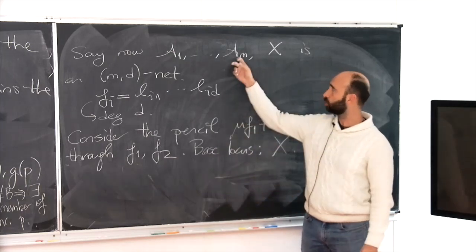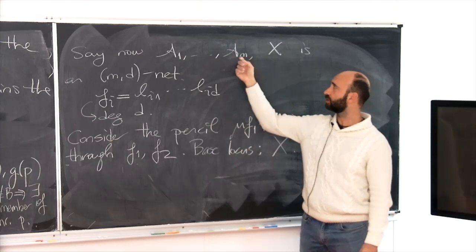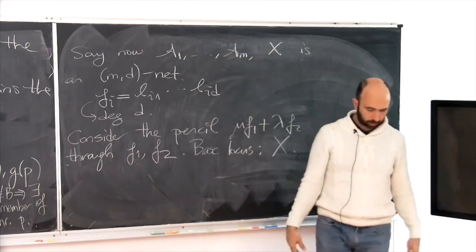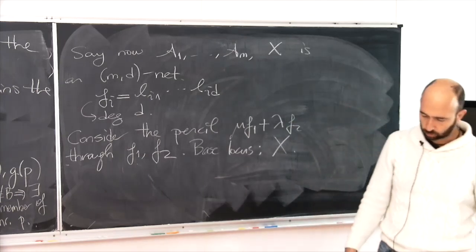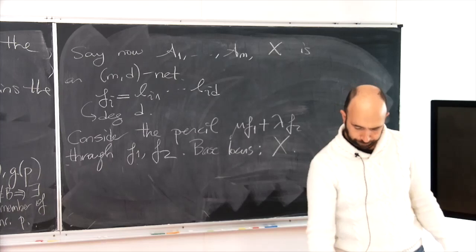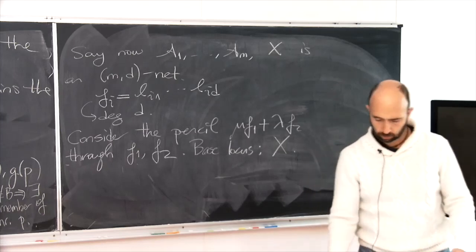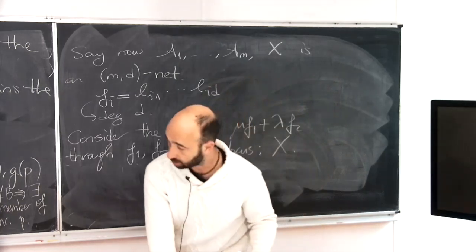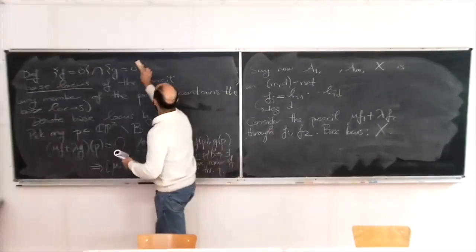These other sets of lines are good candidates for this pencil to degenerate into lines, but does this always happen? And the answer is yes. This is provided by a classical theorem in algebraic geometry.